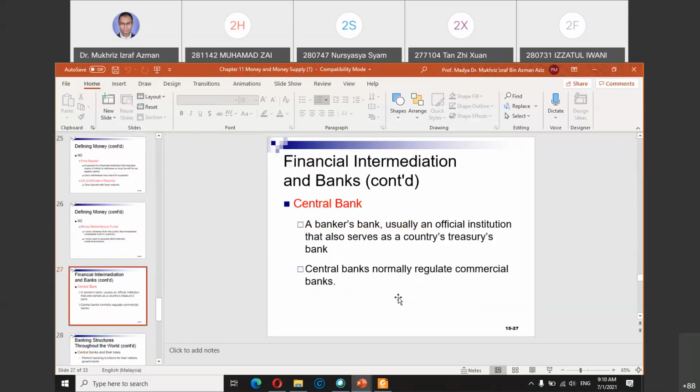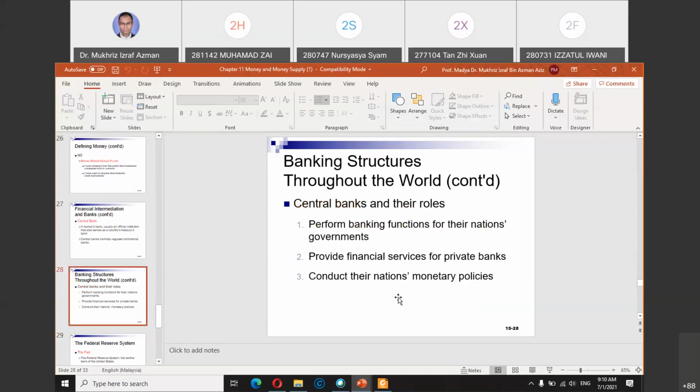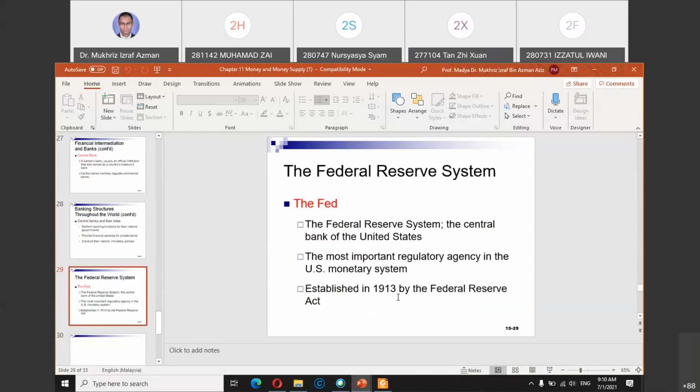As I mentioned, this topic has a lot of definitions, with almost no calculation at all. Just the definition of M1 and the definition of M2. And the Federal Reserve, as I mentioned, is the term they use for the central bank in the United States.